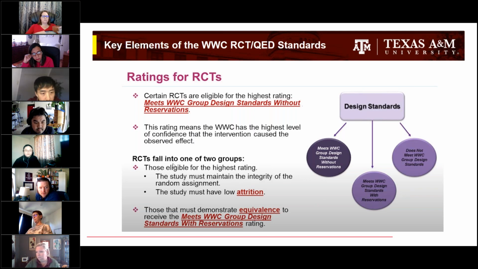So an RCT falls into one of two groups. The first one is that this study must maintain the integrity of random assignment. So true randomization was conducted before the intervention starts, and the study must have low attrition.